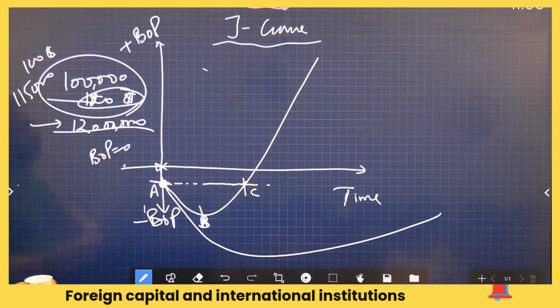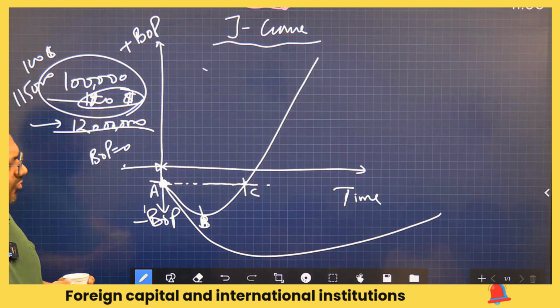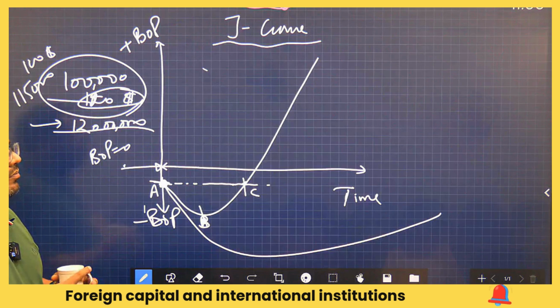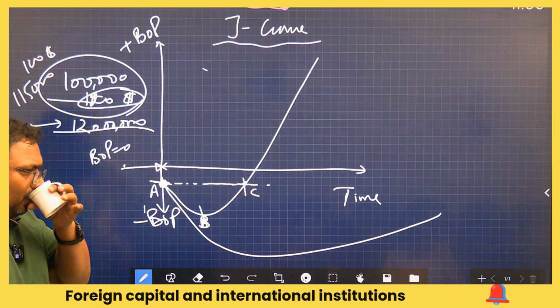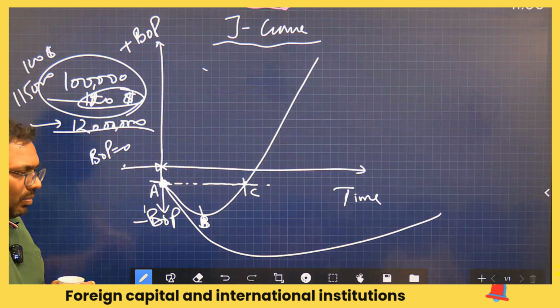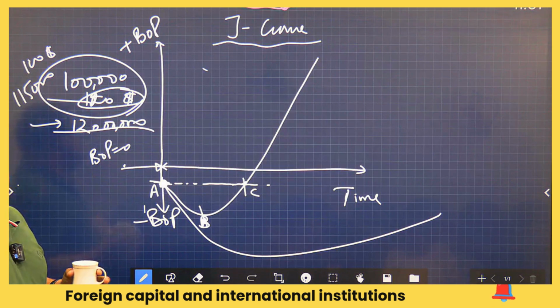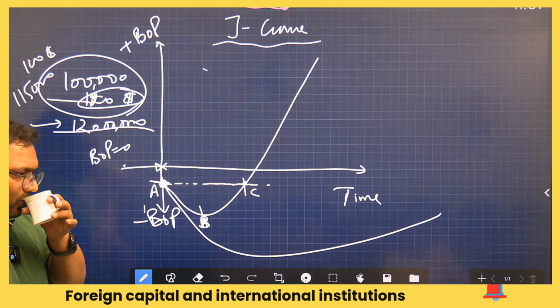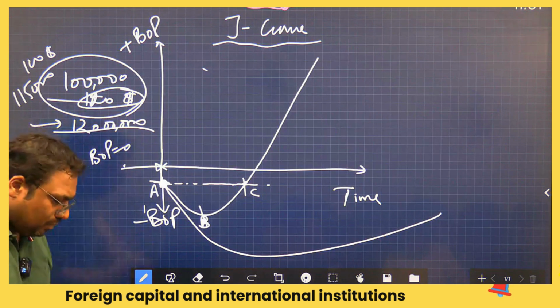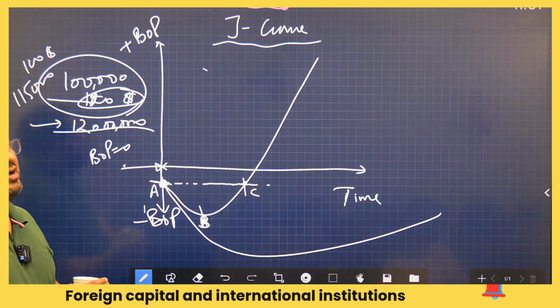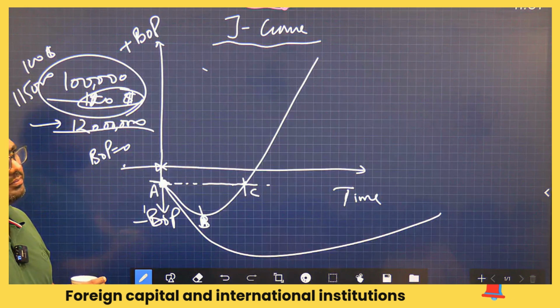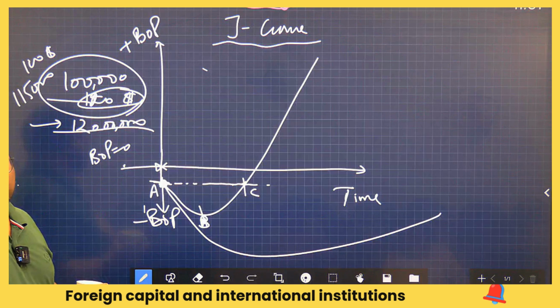Whereas a country with inelastic trade may not benefit at all. For example, India.